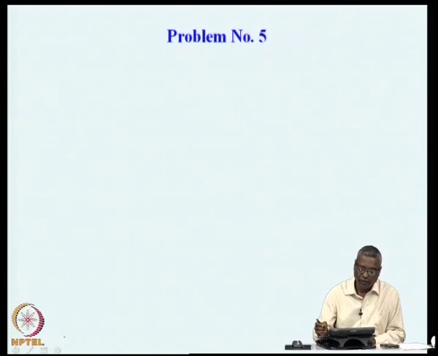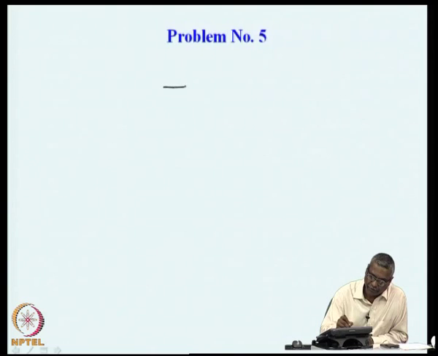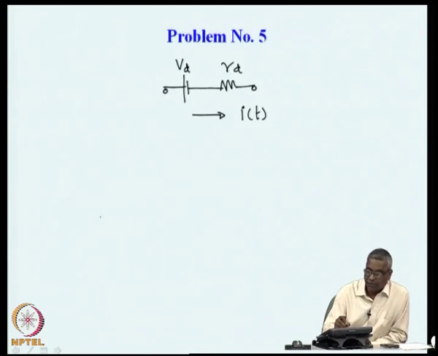Okay. I have in general a device which has a voltage drop and a resistance, and it has a current of I of t. This drop I call as Vd and this I call as Rd. What is the power loss in this?